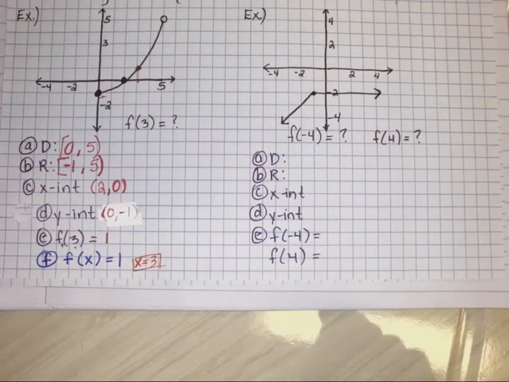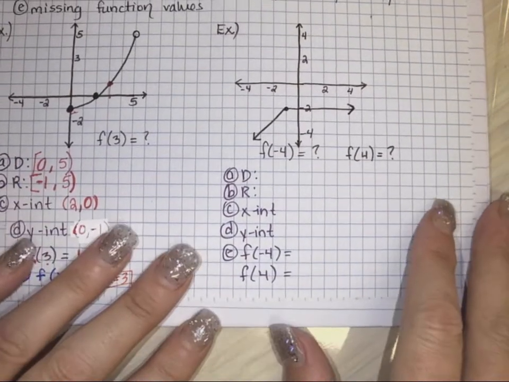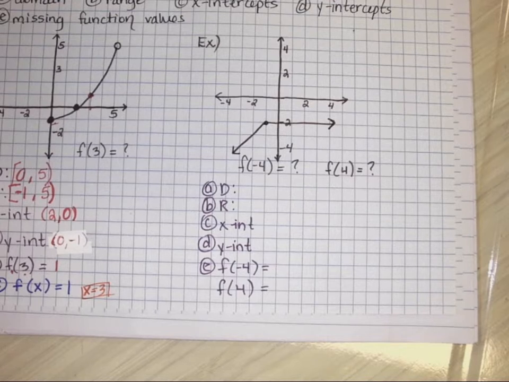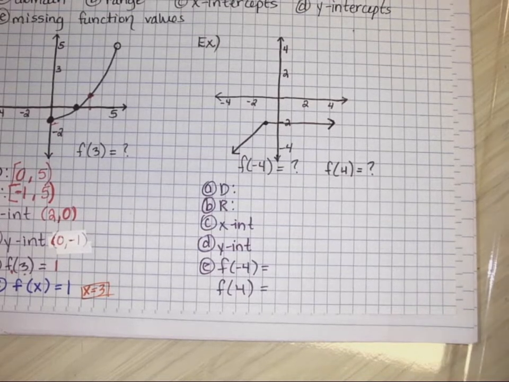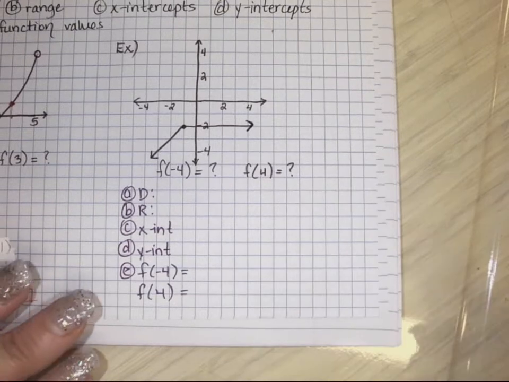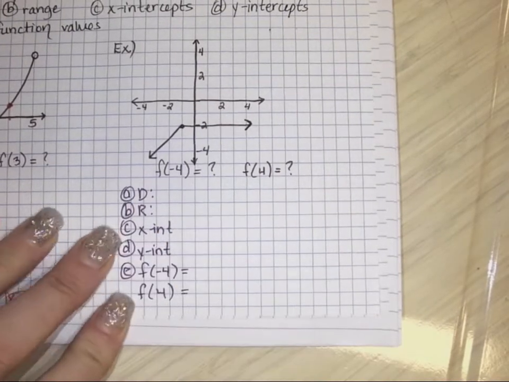Last but not least, this second part. Let's look at your domain first. Domain. All right, once again, recall domain is how far left your graph goes, how far right it goes.